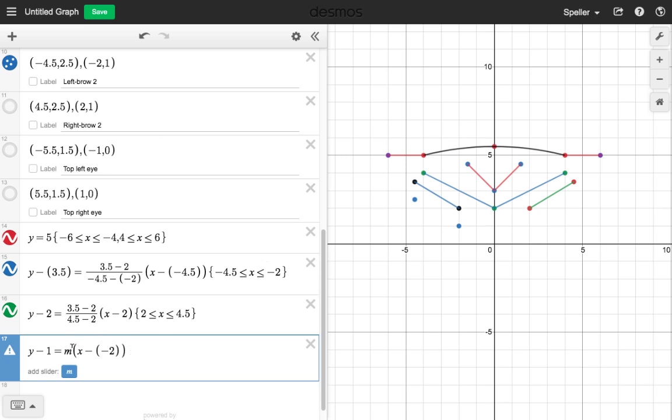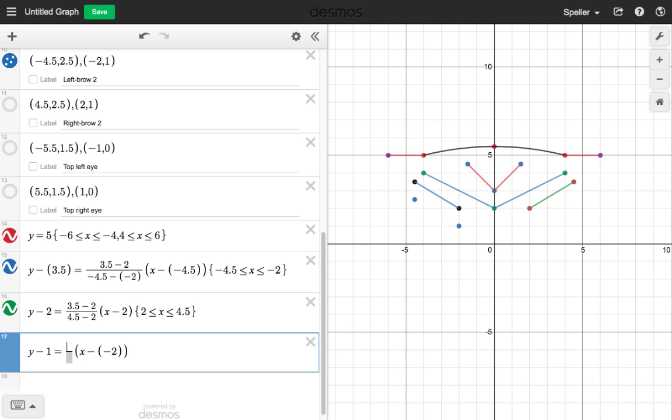All right, and then I want to place in the slope, which again is going to be the difference of y values divided by the difference in x values. So let's look at these two here. Let's do the y values: 2.5 minus 1. And then the x values, which is negative 4.5 minus a negative 2.